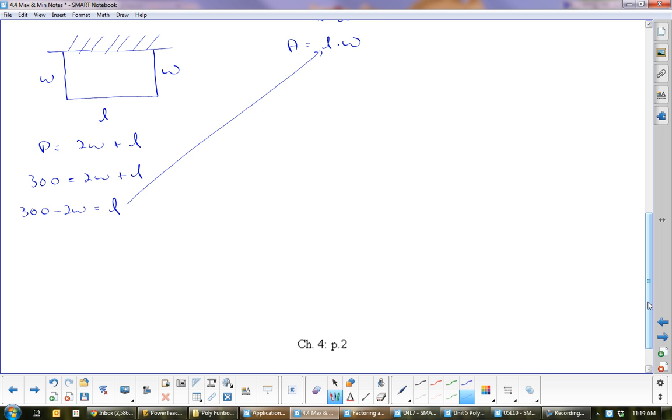This is going in here. Area equals 300 minus 2w times w. Again, you could use the product law, or you could just multiply it all in. This is 300w minus 2w squared.